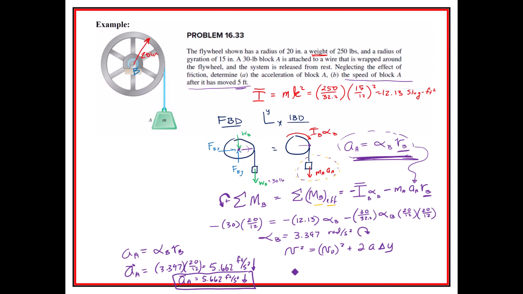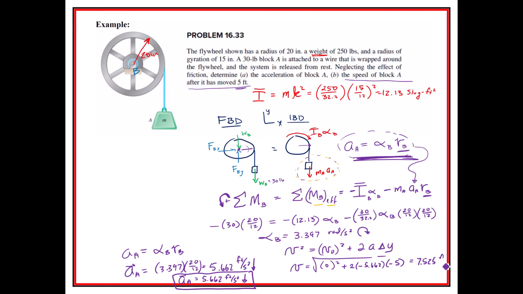So the velocity is equal to the square root of 0 squared, since it starts from rest, plus 2, and if we want to keep the directions correct, we go negative times 5.662. It does move downwards in a negative direction, so it's moved down 5 feet.